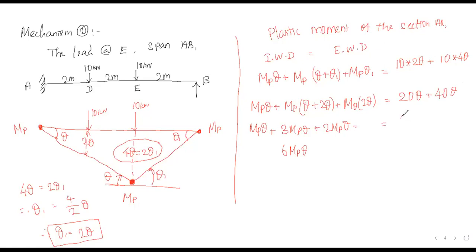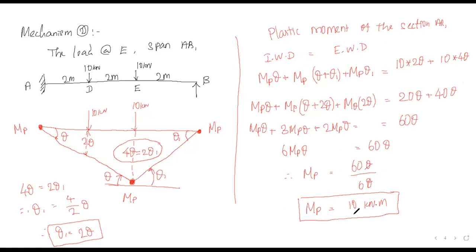So 20 plus 40, 60 theta is the value. Therefore, MP is equal to 60 theta divided by 6 theta. So theta theta get cancelled. Therefore, MP becomes 10 kilonewton meter. So this is with respect to the span AB.